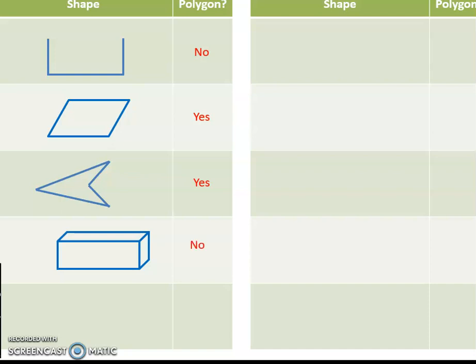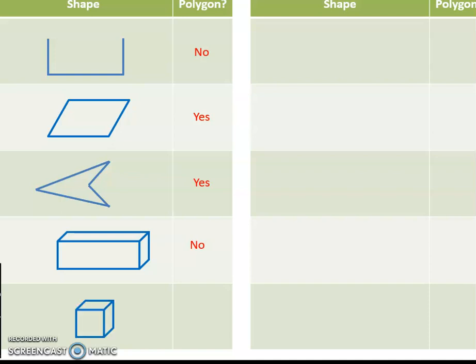A lot will depend on how you look at it. Did you look at the 3D object? If so, then it kind of looks like a box. But if you look at it as a flat shape, it has 6 edges, 6 sides to it. So it is made of line segments, but there are 3 regions on the inside. So you have the outline that again has 6 sides, but 3 regions on the inside.